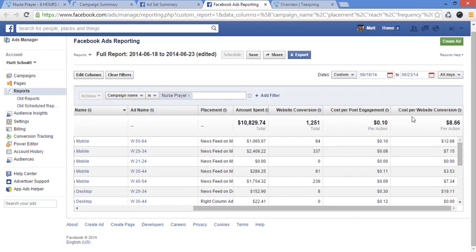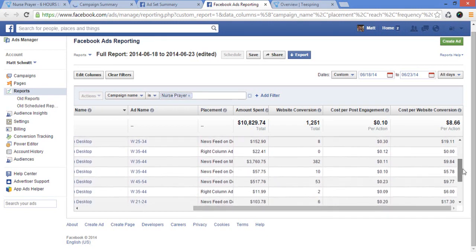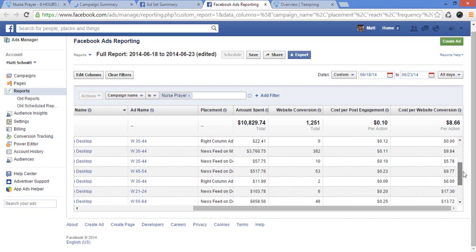And you can see that I spent $10,000 on this campaign, and the average cost per action throughout the entire campaign was $8.66. So when looking at this, you can see that several ads dominated, but there were only 1,250 conversions, right, that the pixel fired.